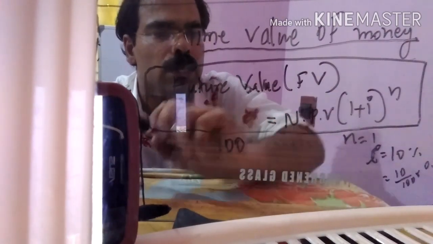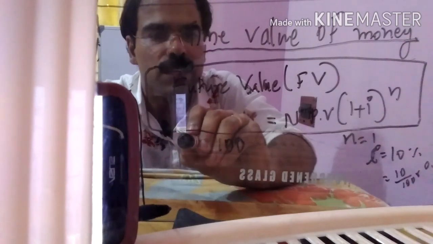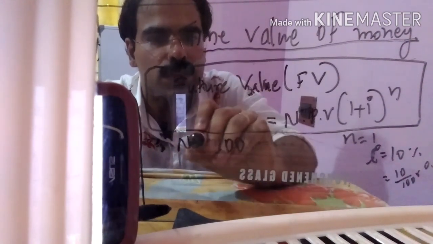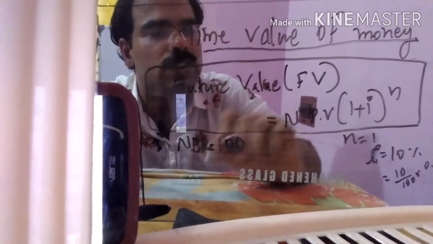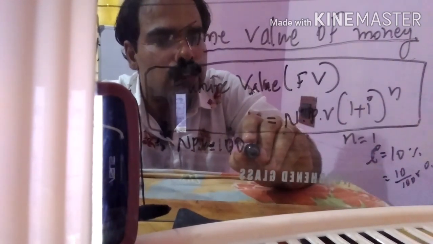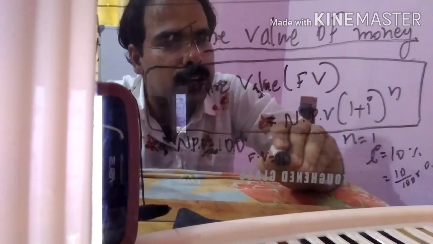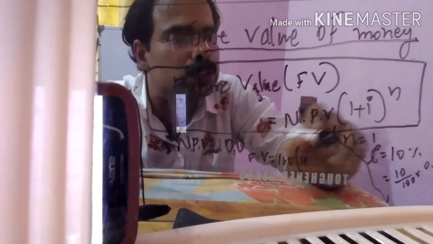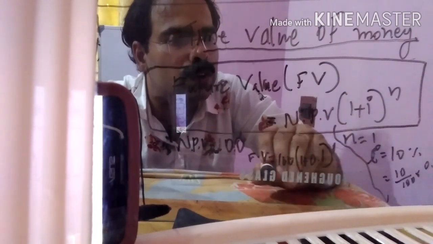Then what will be the value after 1 year? We can explain that with the help of this equation. NPV is equal to 100, so the future value is equal to 100 into (1 plus 0.1) raised to 1. What will be the value?